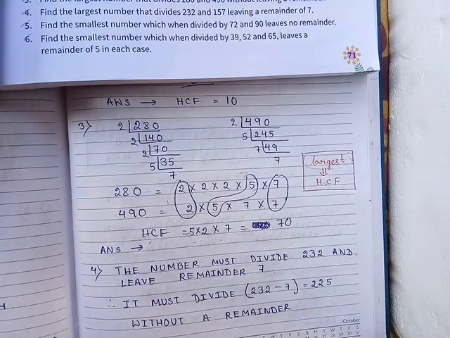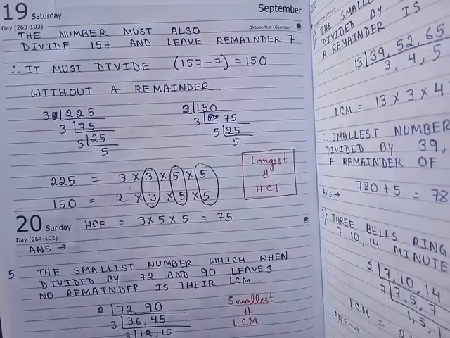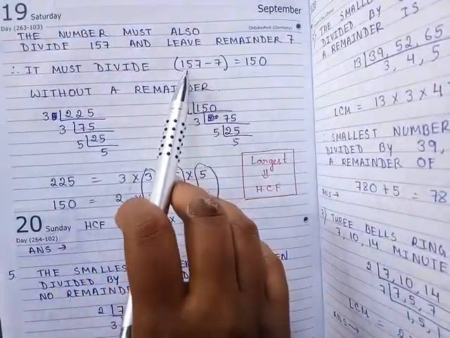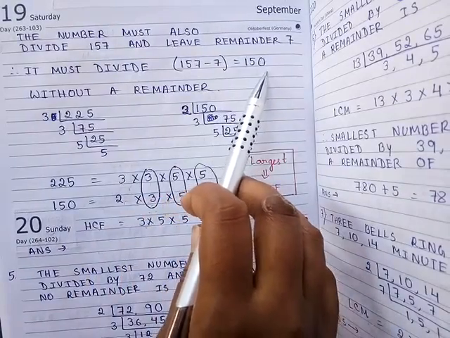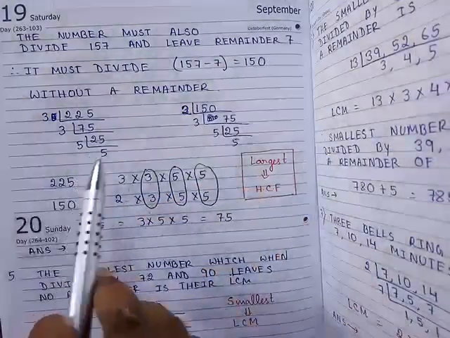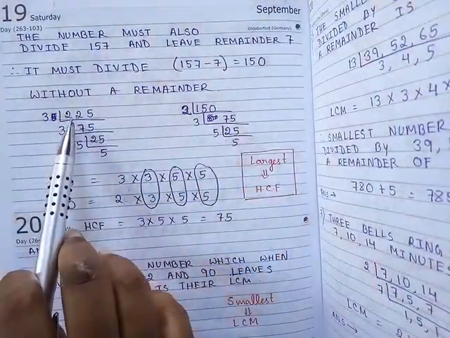Here one more term is added: leaving a remainder 7. So first we will subtract the remainder from the given numbers. From 232 I have subtracted 7, which is equal to 225. Similarly subtract 7 from 157 also, which is equal to 150. After that find the HCF of 225 and 150.